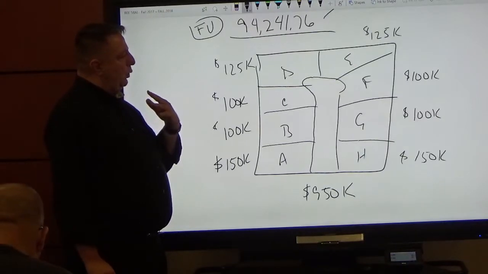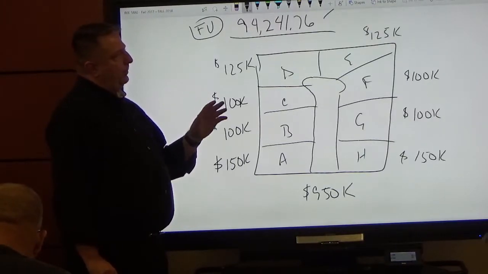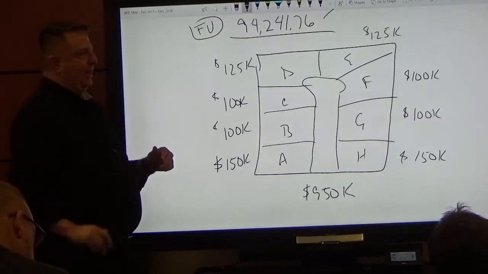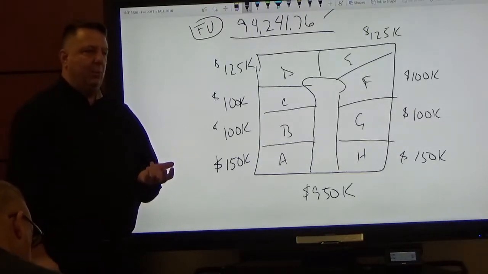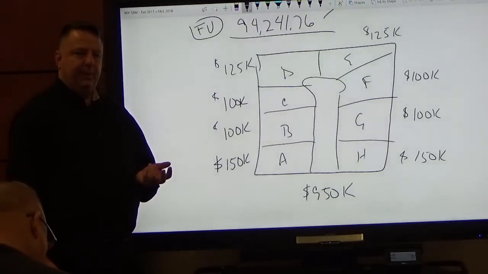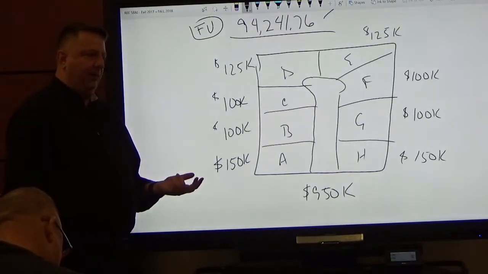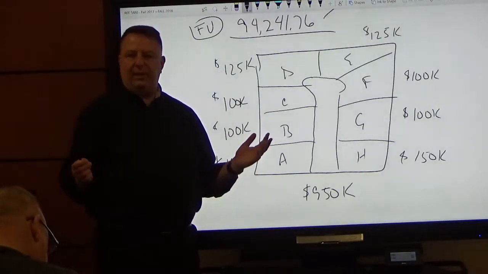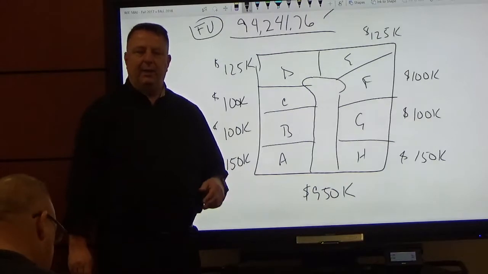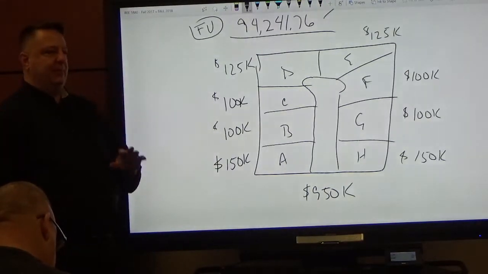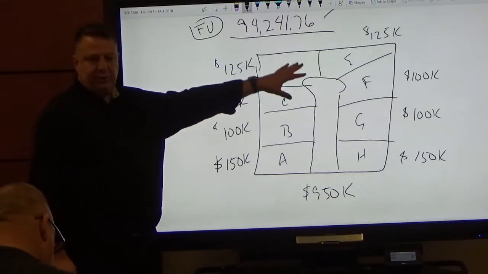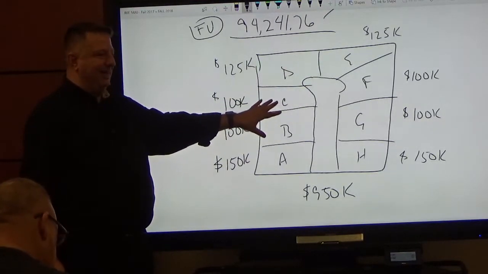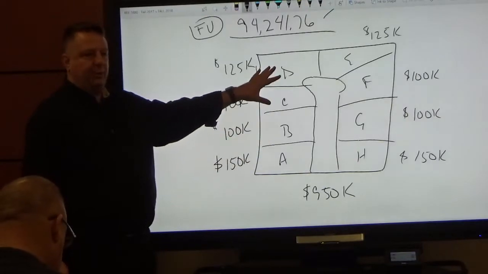The problem that sometimes happens is you sell off the premium ones first. And the lender has to be careful that they don't get left holding a worthless piece of land. So they're going to have very specific release provisions as to the dollar amount at which they will allow each parcel to be released.